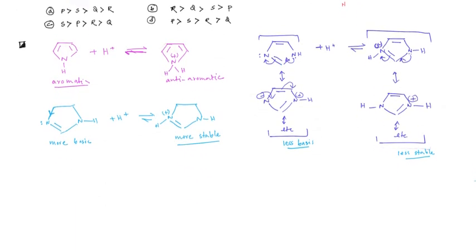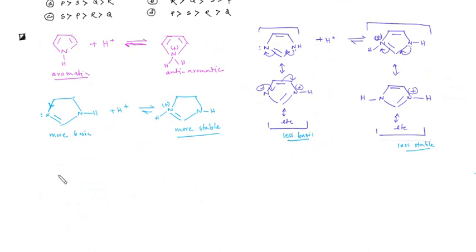Okay, now we have the fourth case. That case is the conjugate acid of pyridine. Okay, so the conjugate acid of pyridine, this is also an aromatic compound. It will accept one proton and form the conjugate acid. In this conjugate acid, you can see that the positive charge is localized on only one nitrogen atom, whereas in the conjugate acid of imidazole, the positive charge is delocalized between two nitrogen atoms.